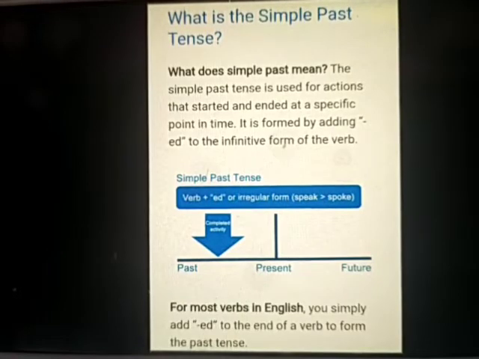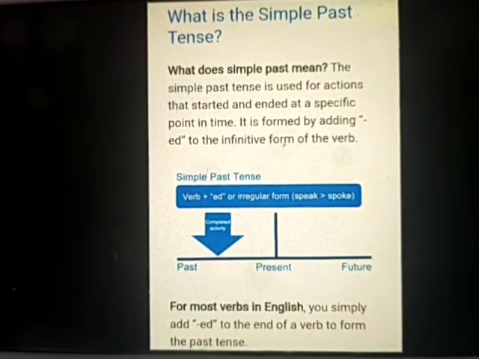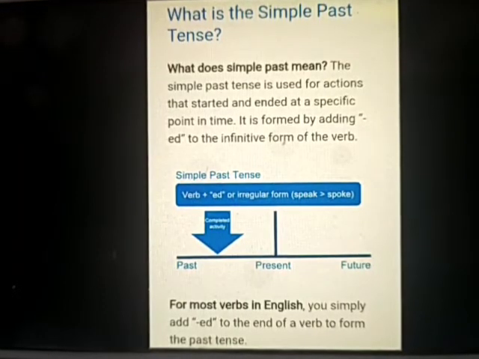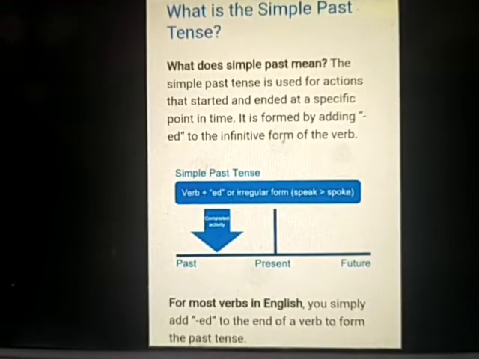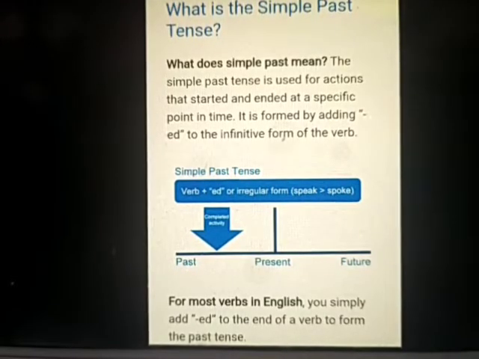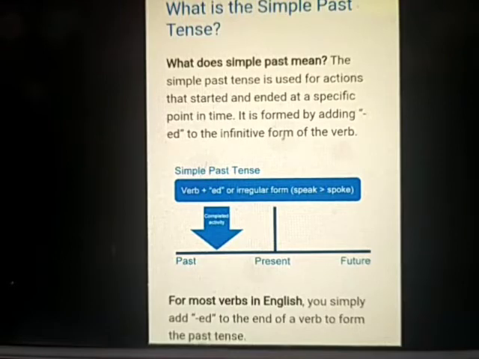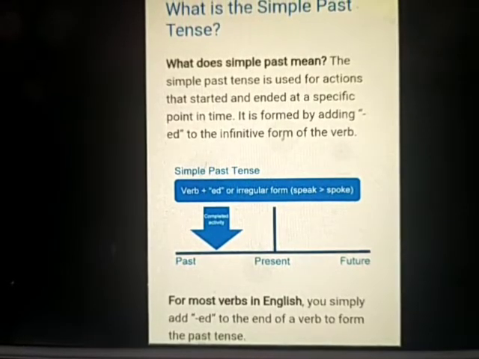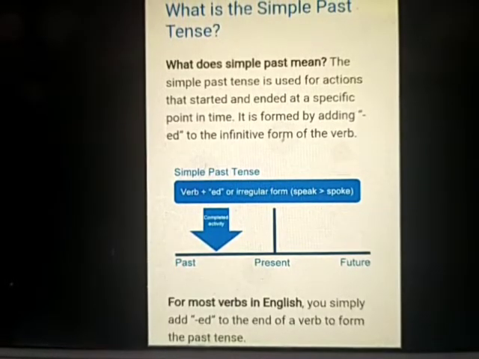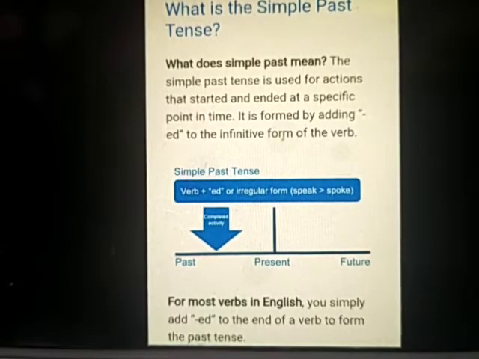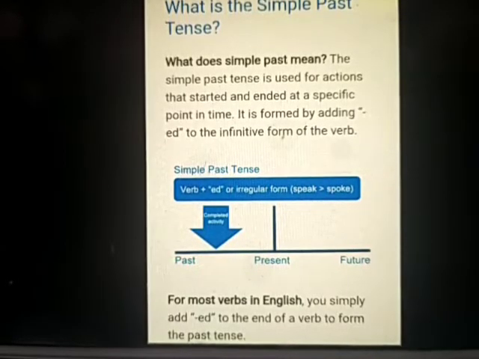So first, you may understand what is the simple past tense. What does simple past tense mean? The simple past tense is used for actions that started and ended at a specific point in time.